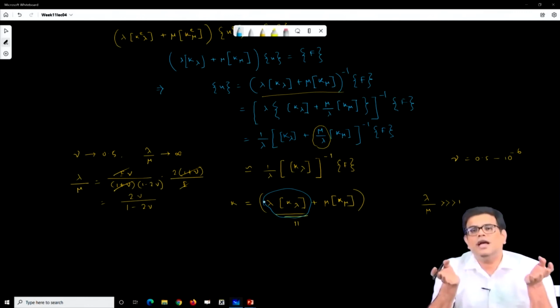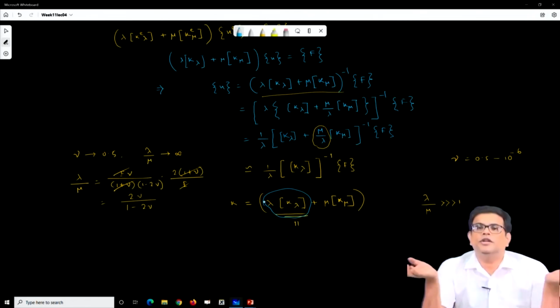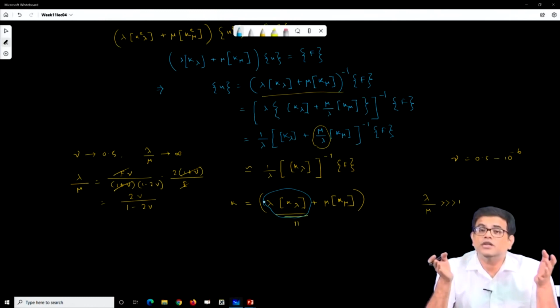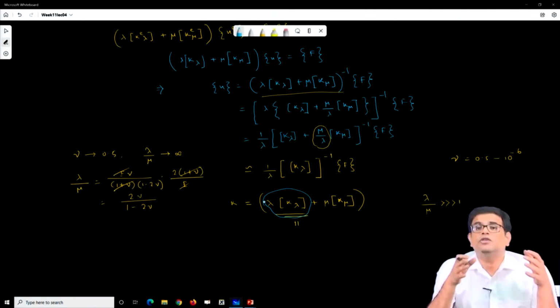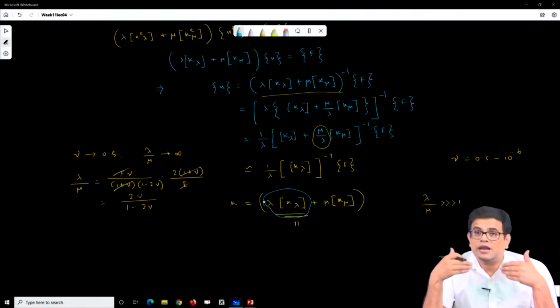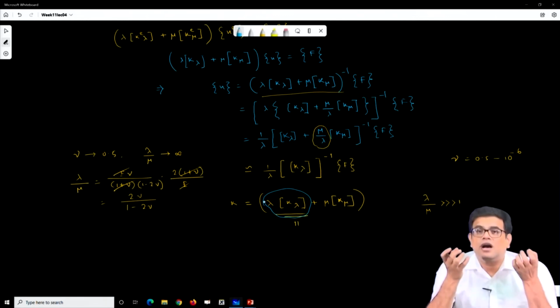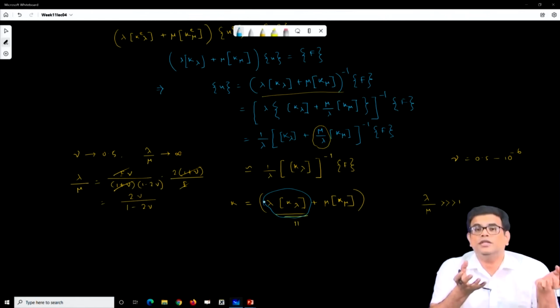Now, to alleviate that, one of the simple techniques is selective reduced integration. We can do reduced integration, but it will have a different problem, because we have understood from our previous knowledge that reduced integration will create a rank deficiency in the stiffness matrix, because we are under-integrating the strain energy of the material.